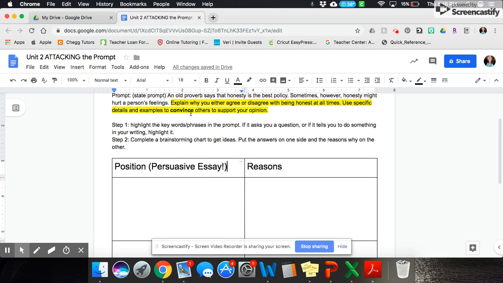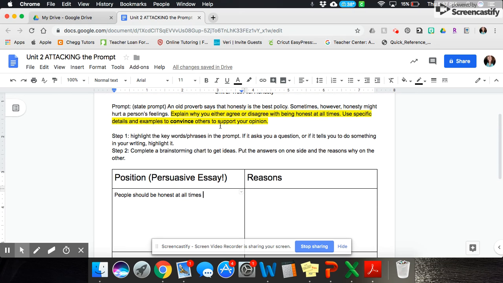So there's 2 positions we can take. The first position we can take is that being honest at all times is best. So on this side, we will say, people should be honest at all times, because that's what's in here. See how it says explain why you either agree or disagree with being honest at all times?